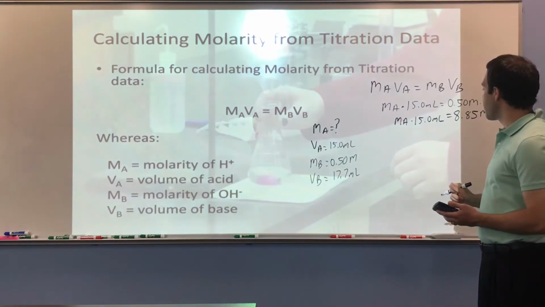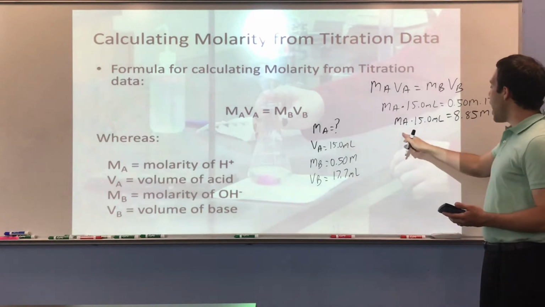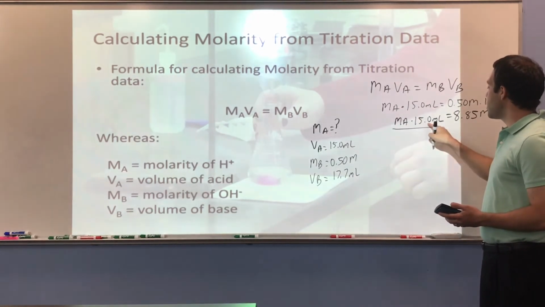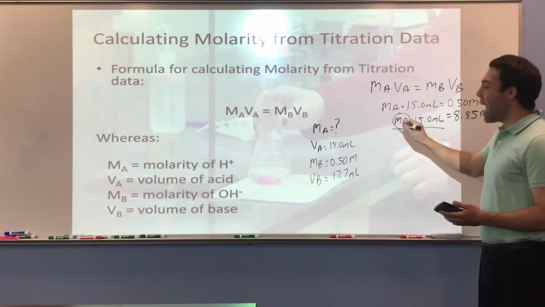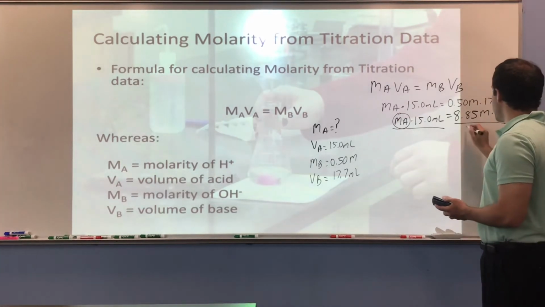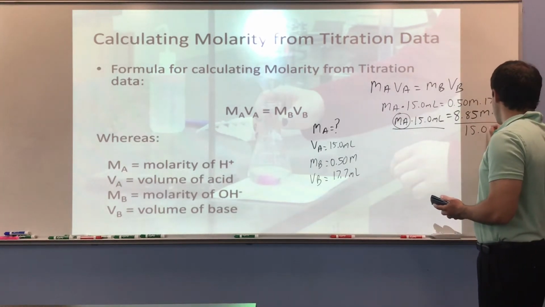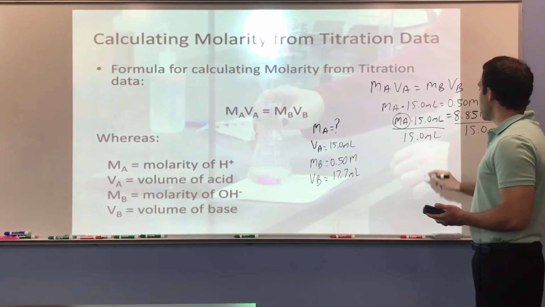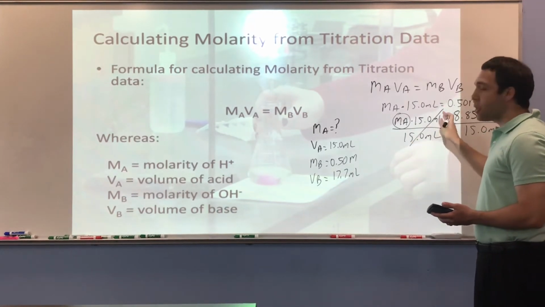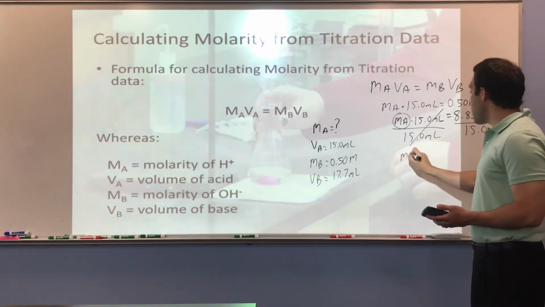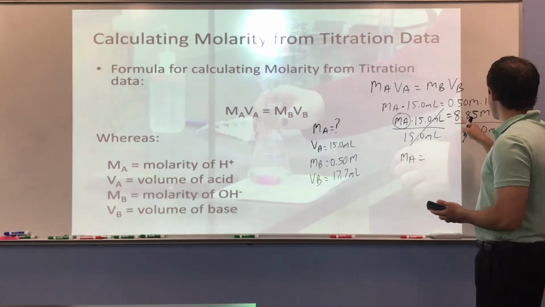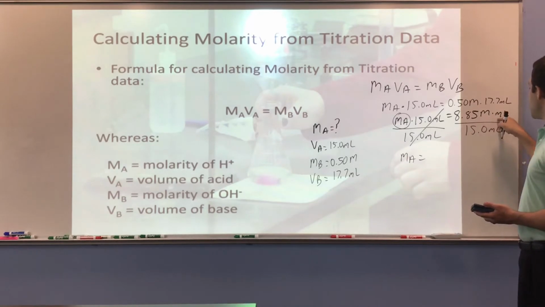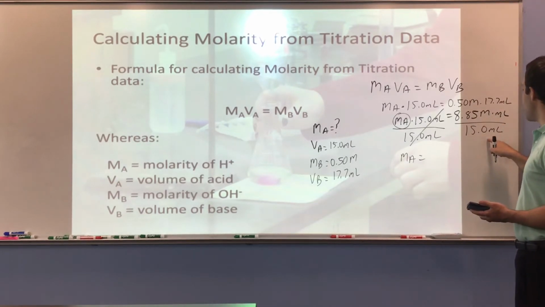milliliters. We divide both sides by the 15 milliliters. We want to get Ma by itself. So when we divide both sides by 15.0 milliliters, the 15.0 milliliters cancels out. So we're left with Ma equals 8.85 molar times milliliters divided by 15.0 milliliters.